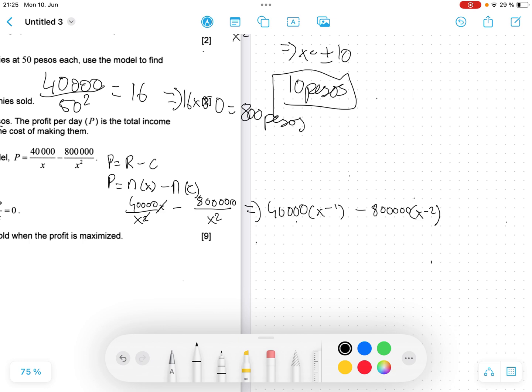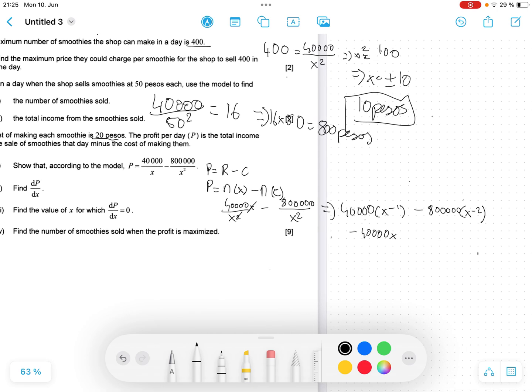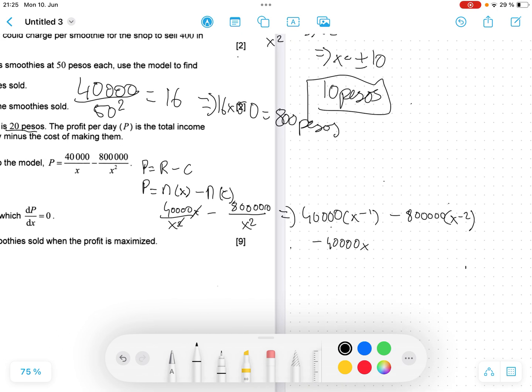So now all we have to do is just differentiate this, which gives us negative 40,000 x to the negative 2 plus 1.6 million x to the negative 3.